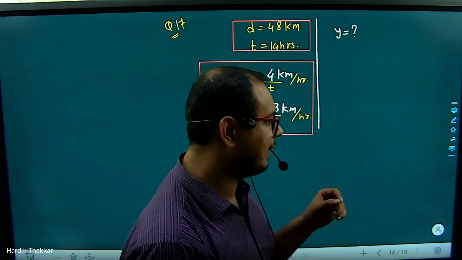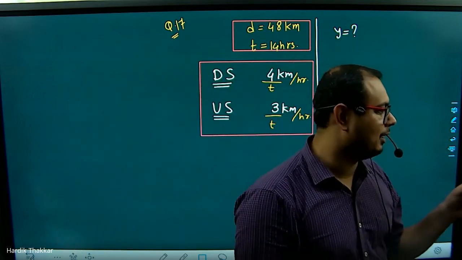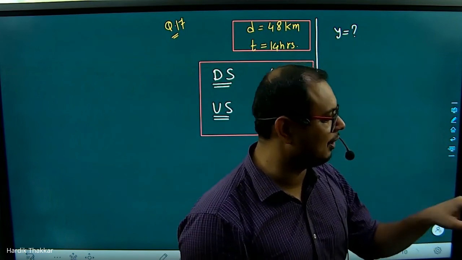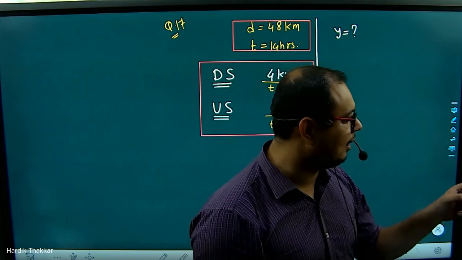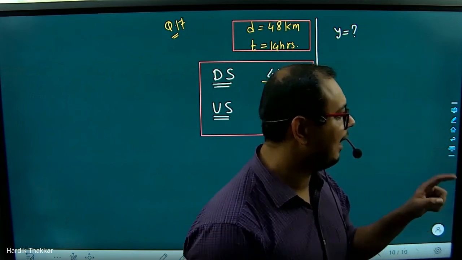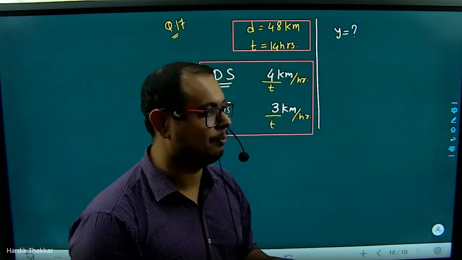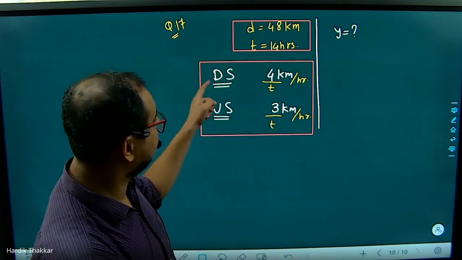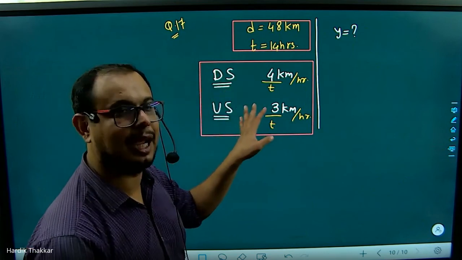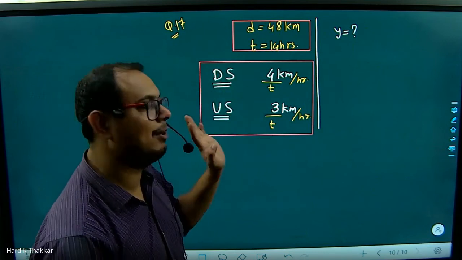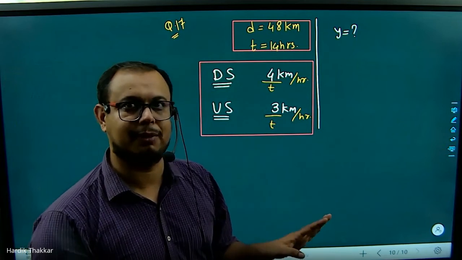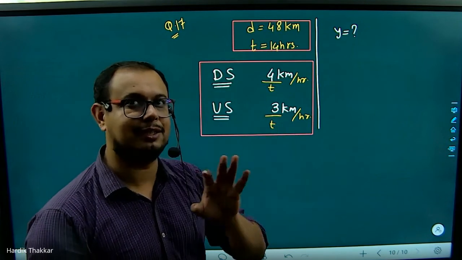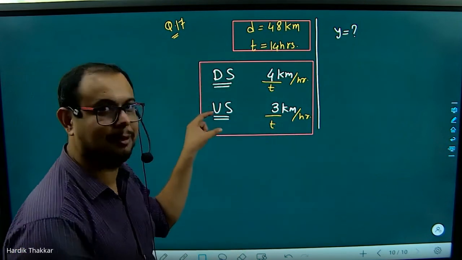Actually, this t which is given is not related with the statement given for this condition. Now read the second statement carefully. He says he can row 4 kilometer with the stream in the same time as 3 kilometer against the stream. So whatever time he is taking, in case of downstream he covers 4 kilometer in that time, and in the same time he travels only 3 kilometer in case of upstream. So it is indirectly showing the speed in case of downstream and upstream.